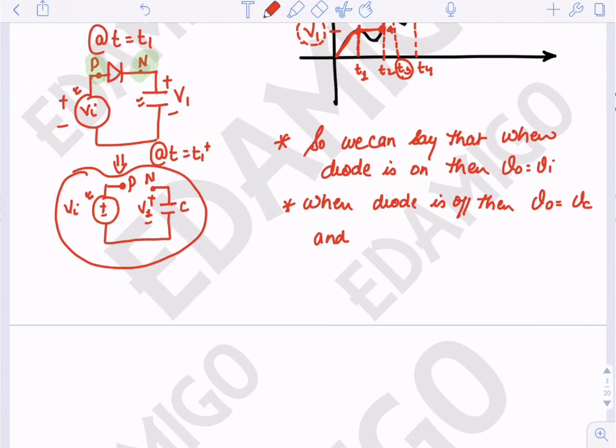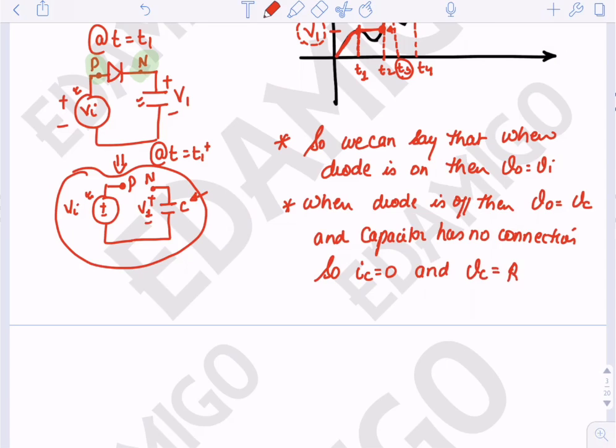Here we can see that the capacitor does not have any connections around itself, so the current through the capacitor is equal to 0, and the voltage across the capacitor remains constant. It does not change.